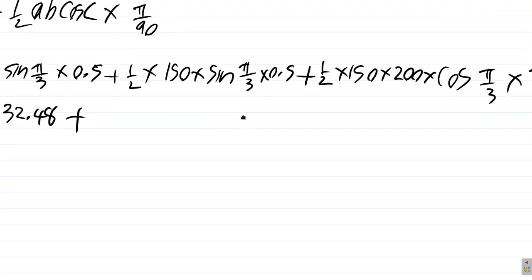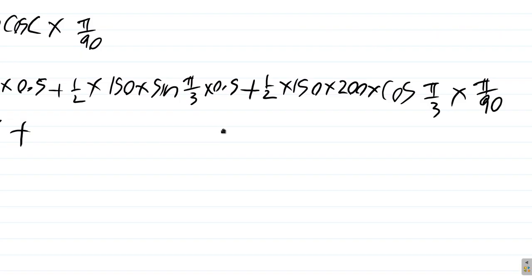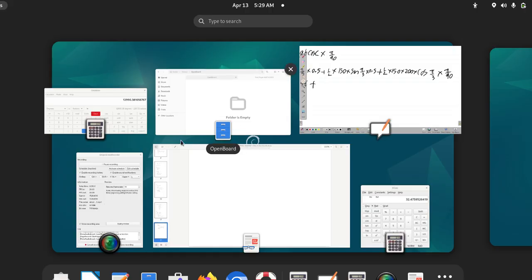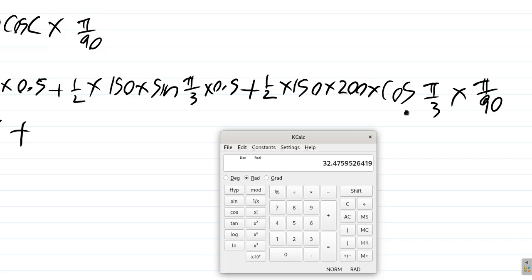and this part out here, let's work that part out and see what we get. Back to the calculator. We have pi over 3 equals, and then cos of that is 0.5. So we have this part taken care of.